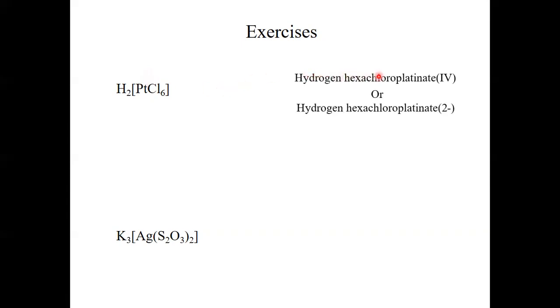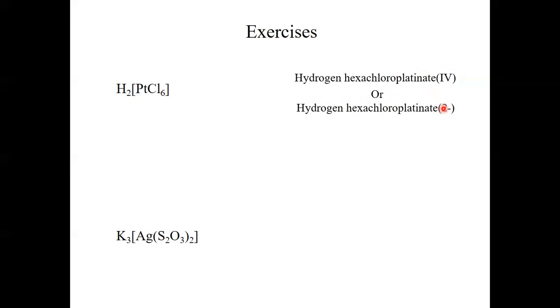So it's hydrogen hexachloroplatinate 4, or in the Ewens-Bassett system, we could also call it a hydrogen hexachloroplatinate 2 minus. Actually, see, I forgot one thing here. So now we can actually hear you better.